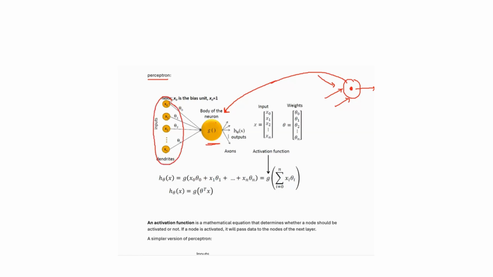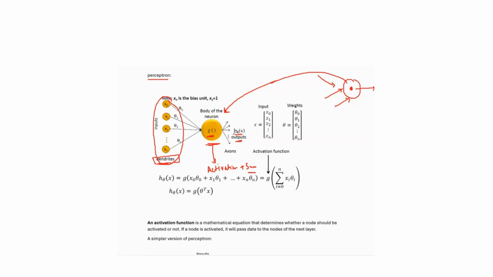These are the inputs that we talked about, and this G function is actually our activation function. This is our output. The output can be a single output, or it can be multiple outputs depending on our data.